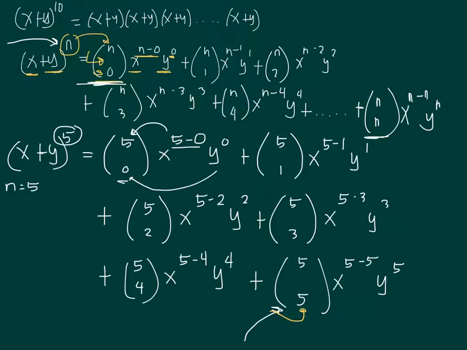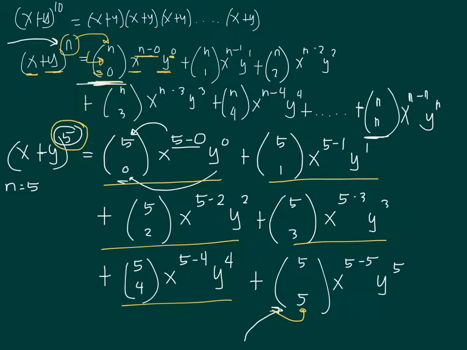Now, just something that I want you to note: when we expanded x plus y to the 5th, we were able to produce 6 terms, first, second, third, fourth, 5th, and then 6th. And that's always the case when you expand a binomial. The number of terms is always 1 more than the value of n.